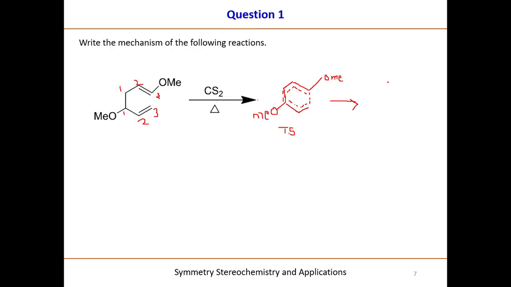So what will be the product? 3-3 bond formation will take place in the product, but the 1-1 bond will break. So the OMe group will come here. Correct? Here we have the OMe group.